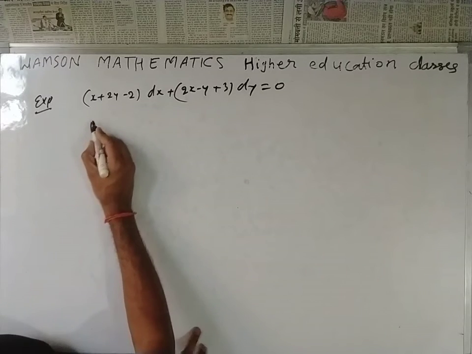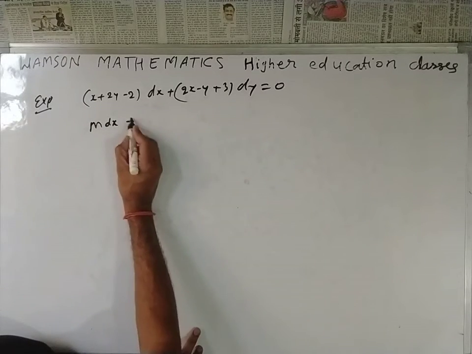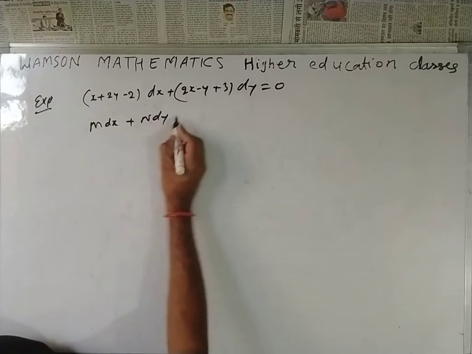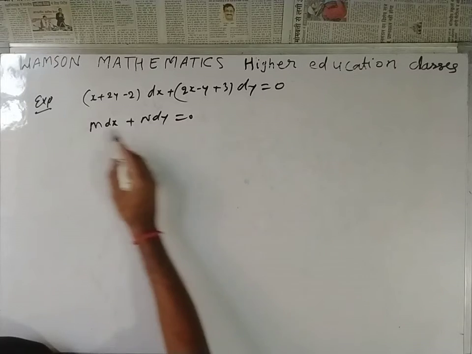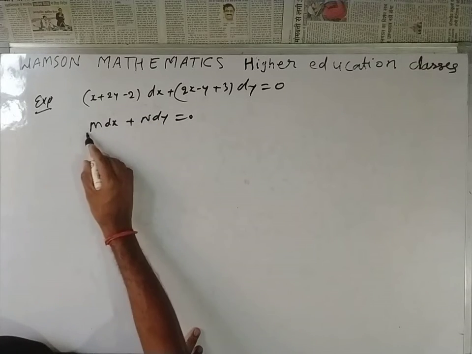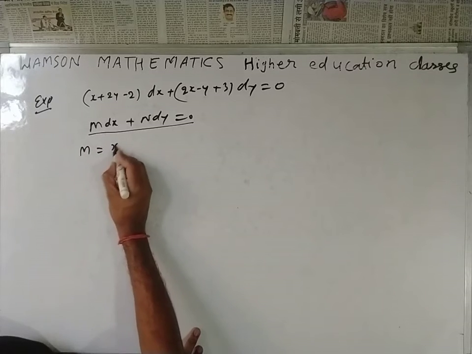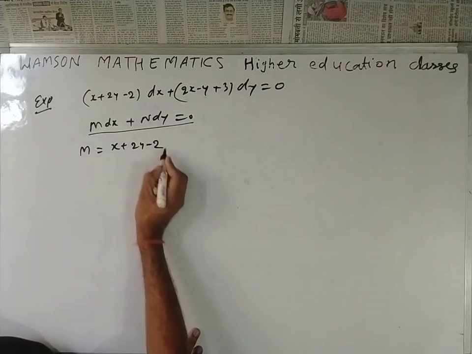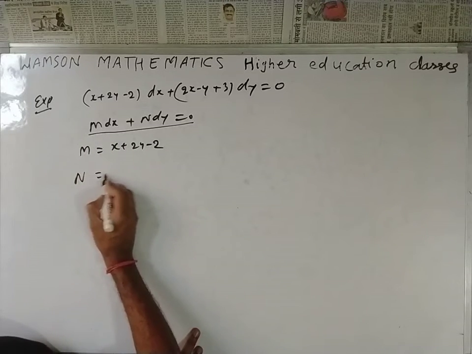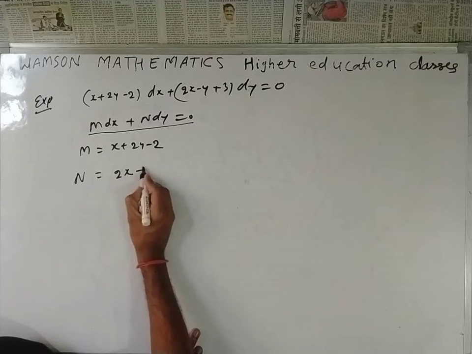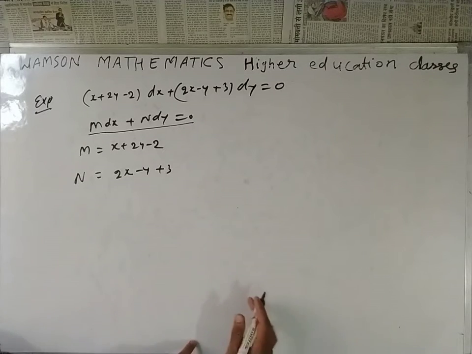So here M dx plus N dy is equal to 0. Comparing this equation to the standard equation, the value of M is x plus 2y minus 2, and the value of N is 2x minus y plus 3.